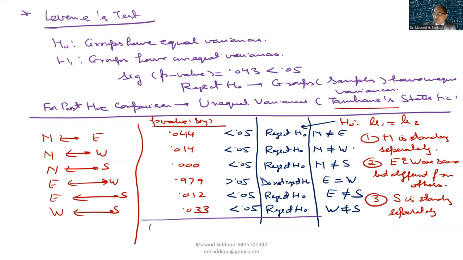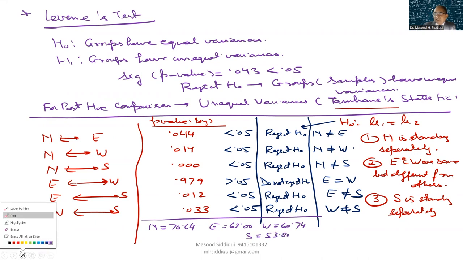So the sample values are: northern sales are 70.64 thousand, eastern sales are 62.00 thousand, western sales, average quarterly sale, is 60.74, and the southern sales are 53.80.